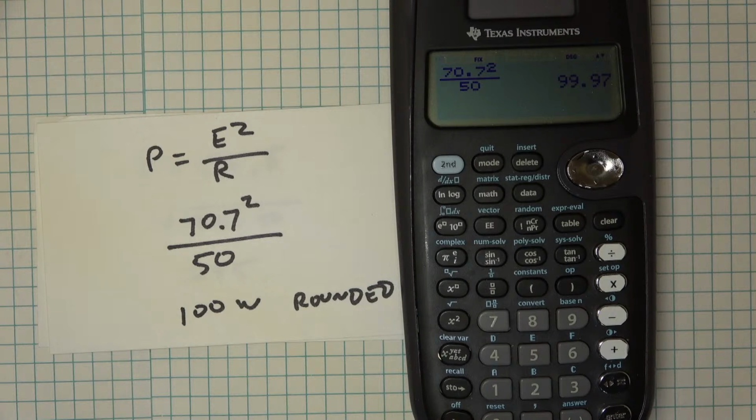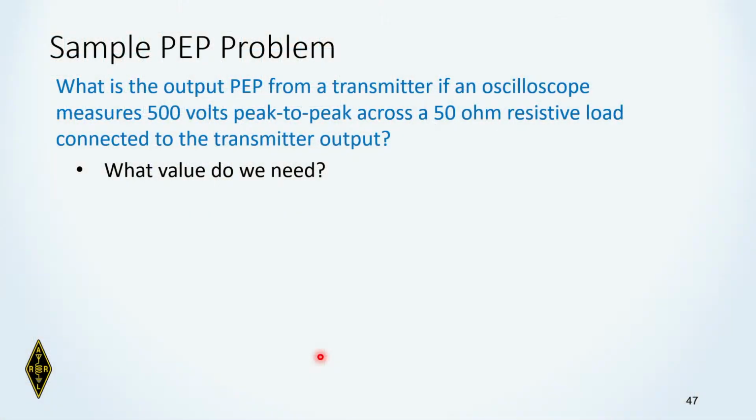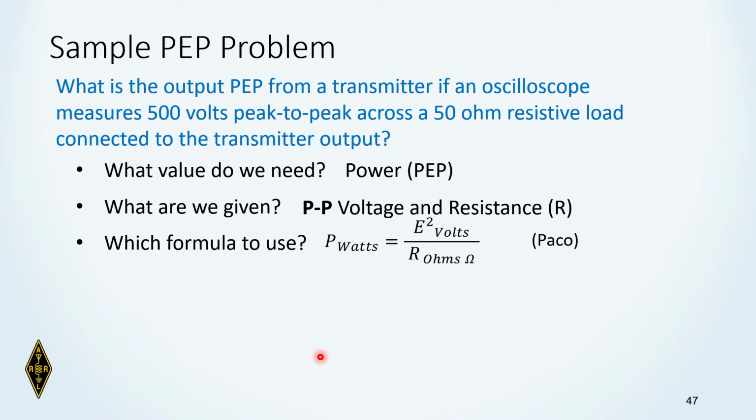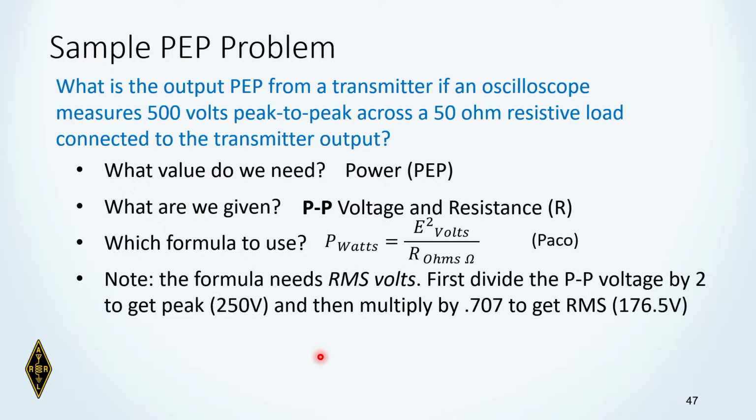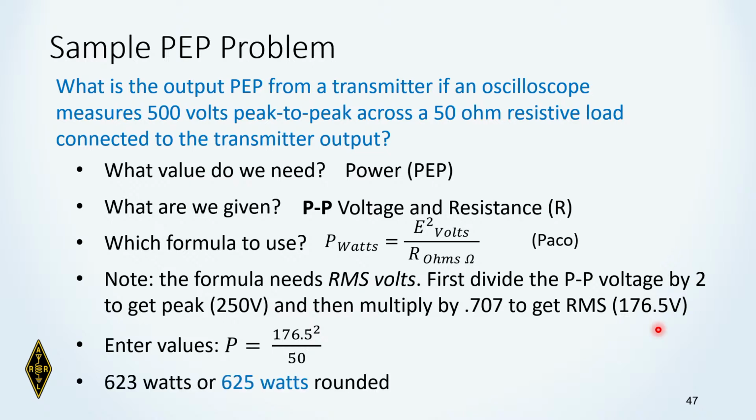Okay, this one works exactly the same, just different values, so I won't belabor this one. In this case, it's telling us 500 volts peak to peak, so we have to divide the voltage by 2, get 250, then multiply times 0.707 to get the RMS, and enter the values as we did in the previous one.